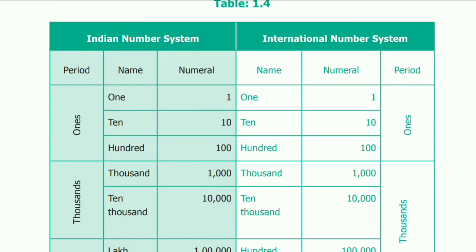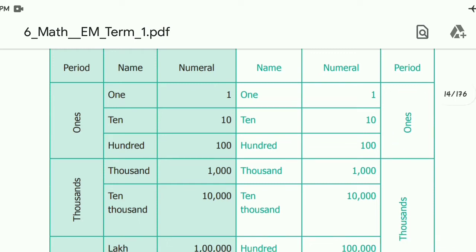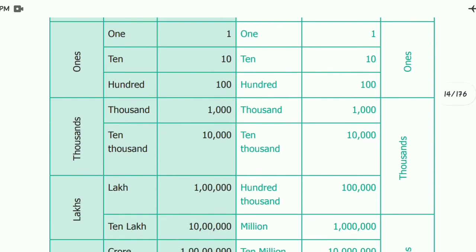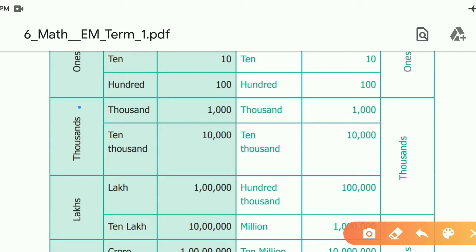Okay. First, in Indian number system, name 1, 10, 100. It's denoted as ones. In the same way in international number system, 1, 10, 100, we put period or comma after the 100. Next, in Indian number system, we put commas after 1000 and 10,000th place.